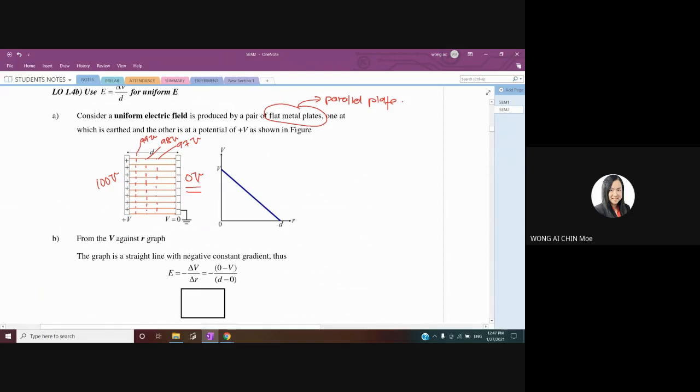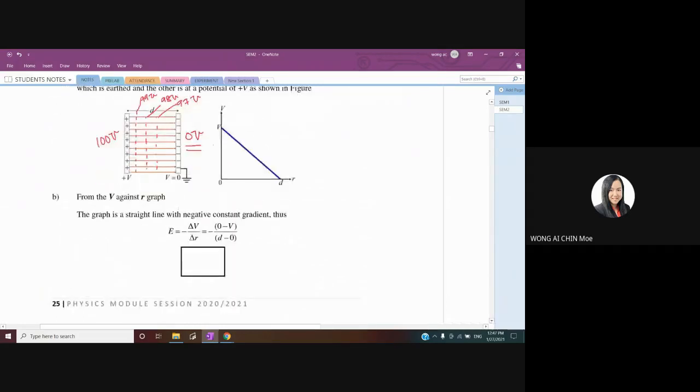So this is the graph where the gradient of this V versus R graph, or the V versus D graph, is actually equal to our electric field, or equals E. The graph is a straight line with a negative constant gradient.